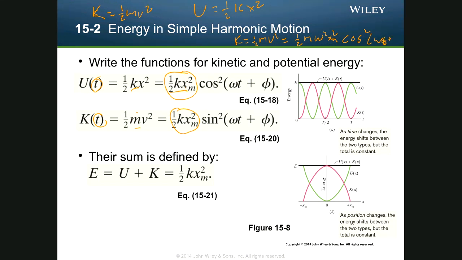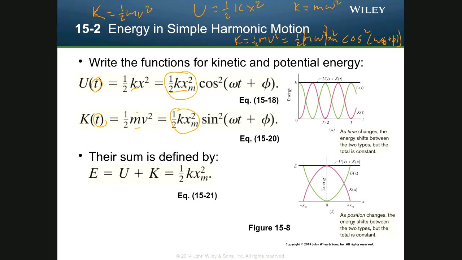We can even keep the plus phi here, it doesn't matter. So what you can see here is that if you remember, k is equal to m omega squared, so this part becomes k, and you indeed recover 1/2 k x_m squared.